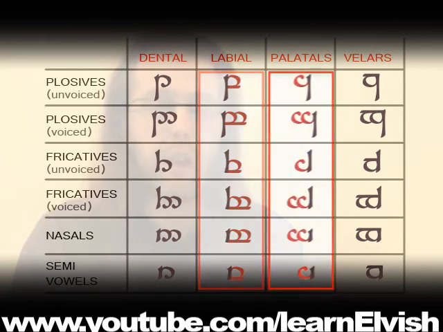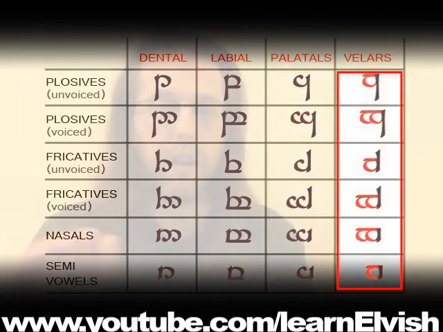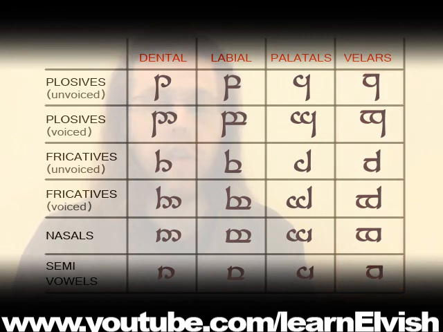Then, the palatals all have upward bows, and the velars all have the same upward bows, but again, are closed, shown by the line. It's also worth noting that the downward bows are always written to the right of the stem, and the upward bows to the left.